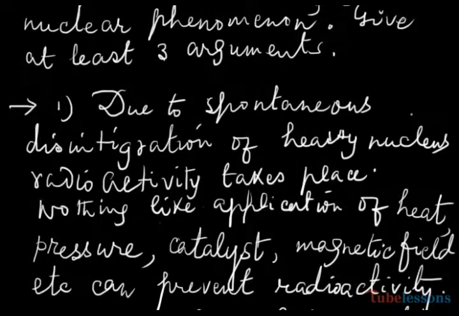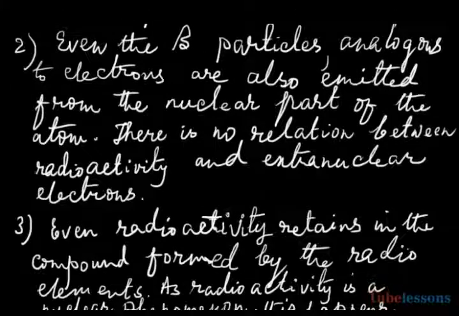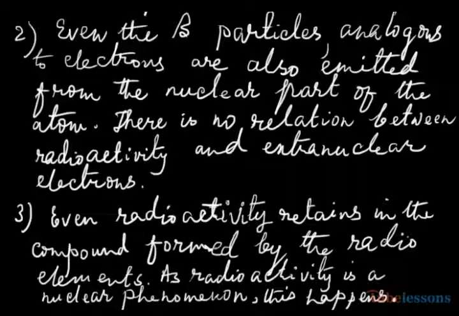This cannot be prevented. And the second point is that beta particles are actually analogous to electrons. One beta particle is equivalent to 1 electron. I have already stated that electrons in the form of beta particles are emitted from the nucleus of a heavy element. How are beta particles emitted from the nucleus? Actually, 1 neutron is a combination of 1 proton and 1 electron, whose charges neutralize each other.